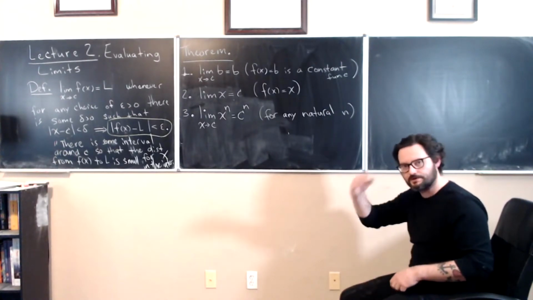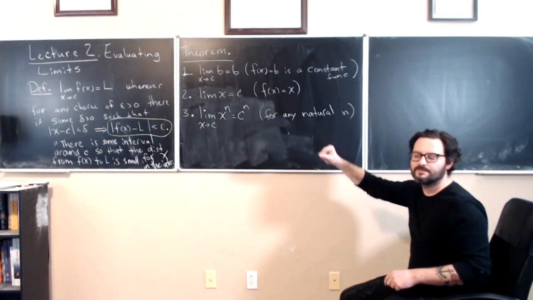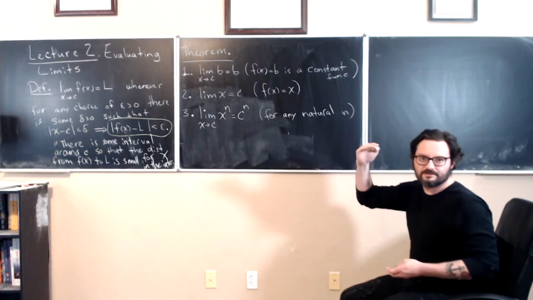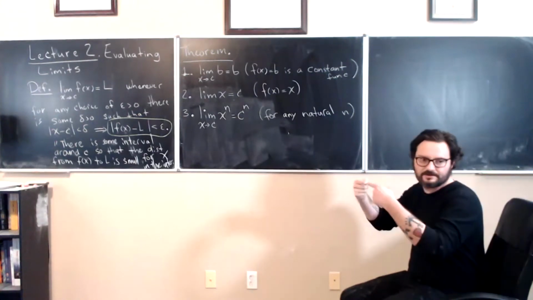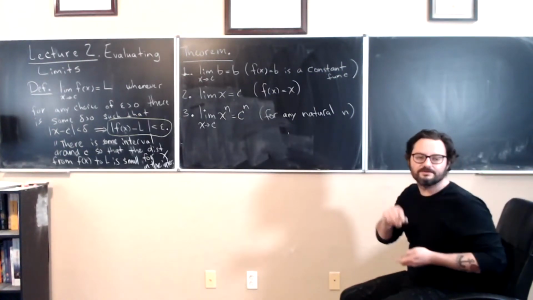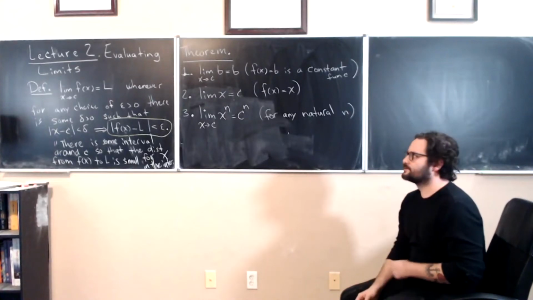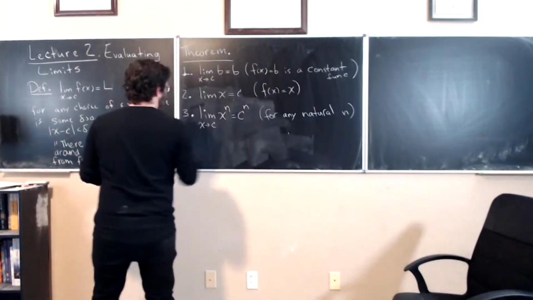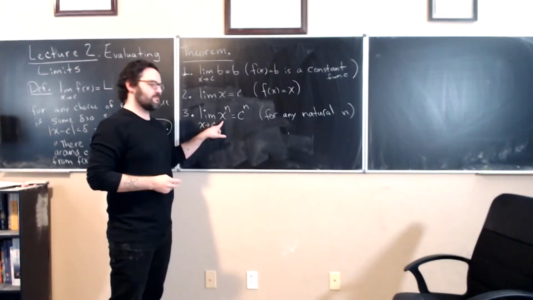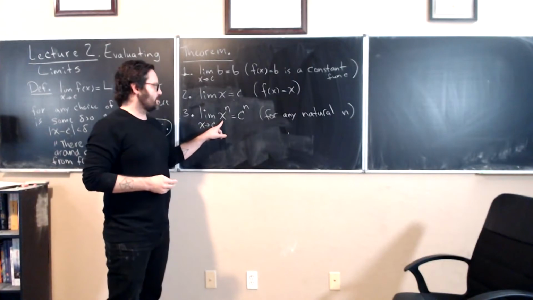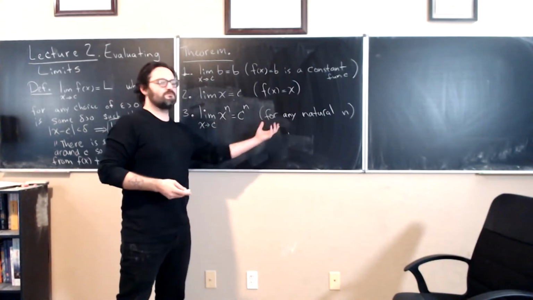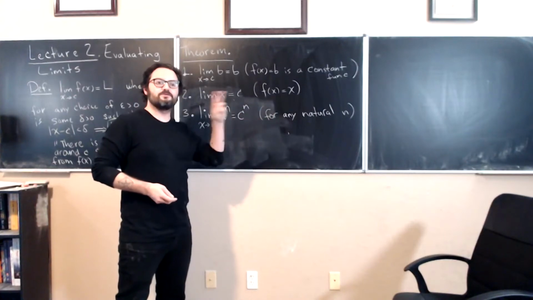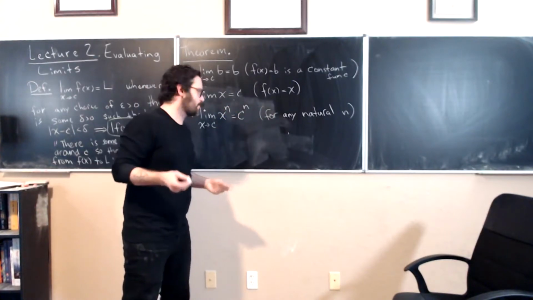We have some curve in the Euclidean plane, and the curve y values approach a given value as x approaches c from both sides, right? So that hopefully makes sense for this one. Hopefully it also makes sense for this one, right? And the choice of n, maybe we can adapt in a little bit, but currently it's just any counting number, like 1, 2, 3, 4, and so forth and so on, right?